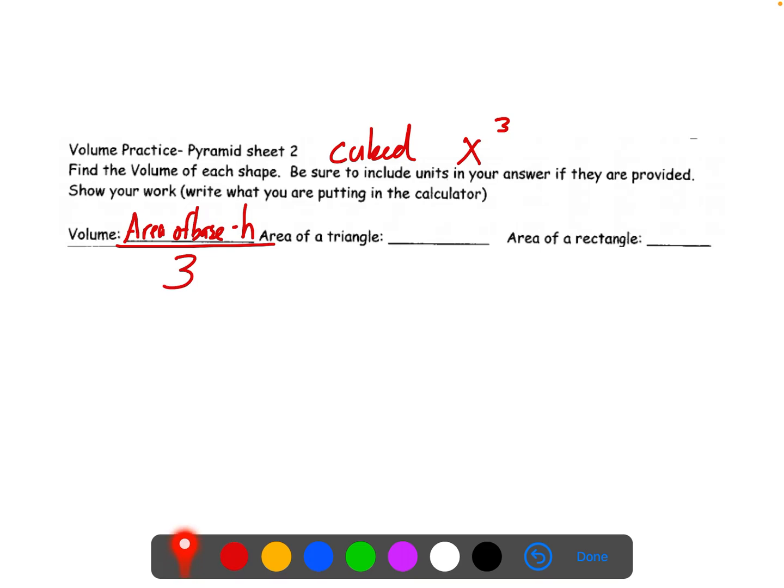If it's a prism, we don't have to do anything else. We don't need this divided by 3 part. That's only for pyramids that extend up to one top point.